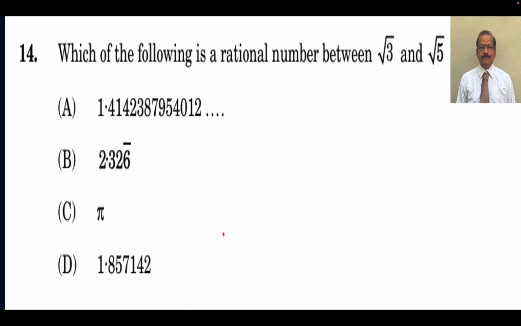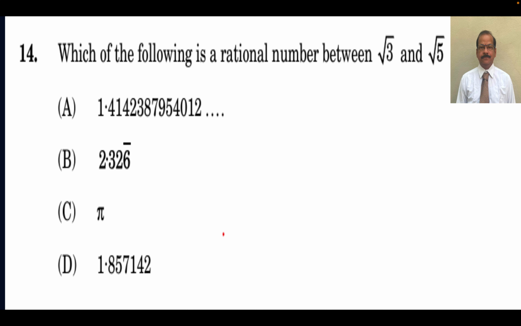Pi is definitely an irrational number. Though it is generally given as 22 by 7 or some slightly higher fraction, that is only an approximation. Pi in fact is purely an irrational number. Therefore, this is also ruled out. So option B is one which has a possibility of being selected under rational numbers, but the condition is whether it lies between root 3 and root 5 or not.